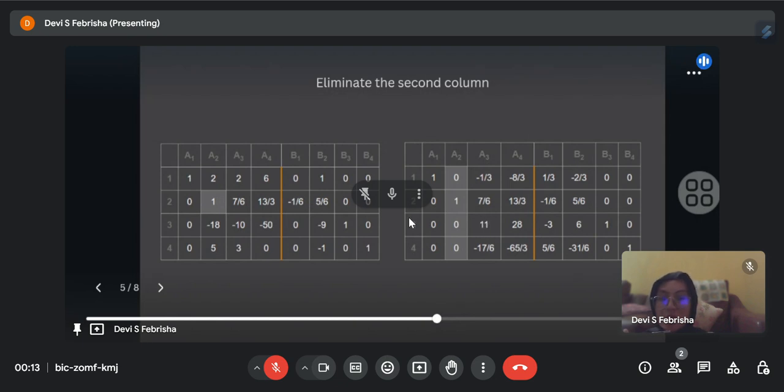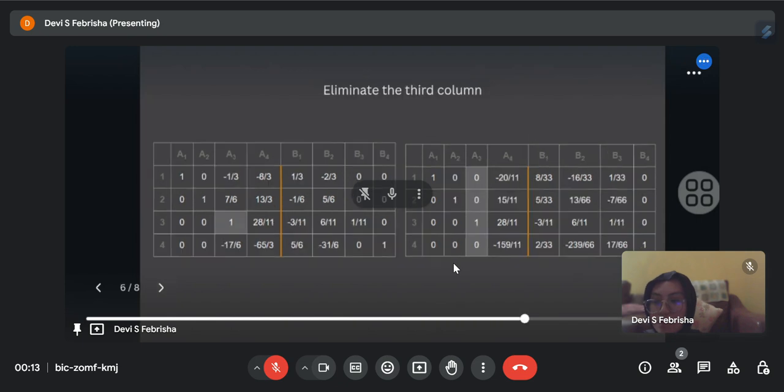Okay, next up, we are going to change the 11 in here into 1 because we're going to make a diagonal of 1s in here. What we are going to do is divide here by 11, and also divide the whole third row by 11, so that 11 divided by 11 is 1, and then 28 over 11, and so on for the rest.